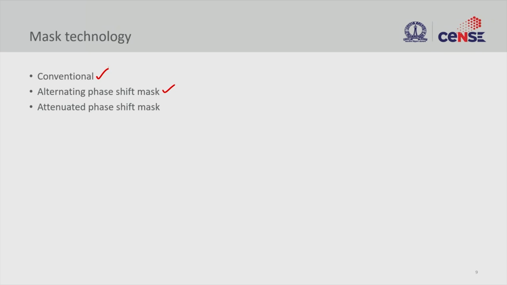That means you don't use any chrome, so the alternating intensity patterns are given by just the phase shift alone. And the attenuated phase shift is where we use chrome, or we can use partially transparent material as well. So these are all the technologies that we use in the mask in order to improve your resolution.